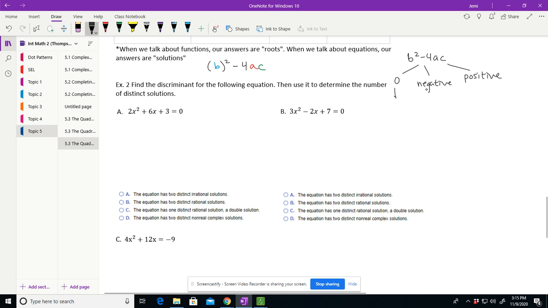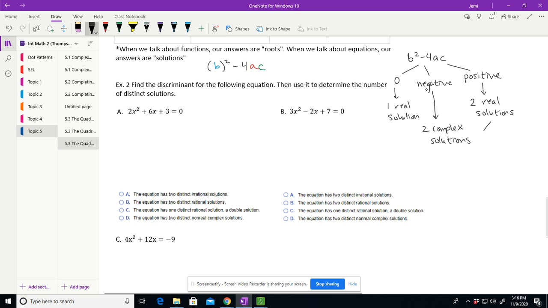If it's 0, then I have one real solution. If it's negative, then I have two complex solutions. And if it's positive, then I have two real solutions.